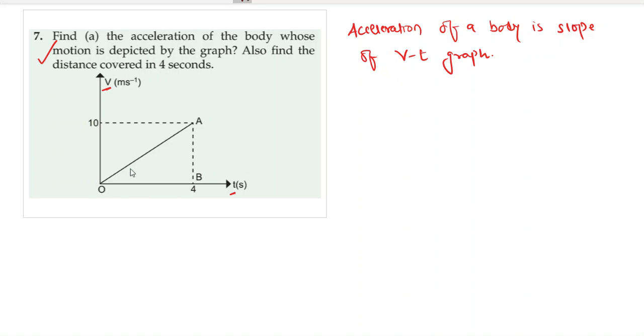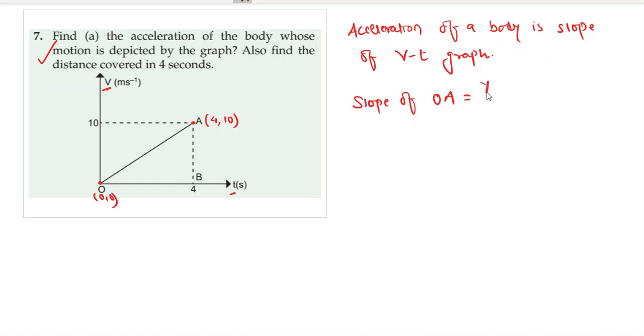Now, for finding slope of this line OA, we have to consider 2 points. Let's consider one point A and the other point O. What are the coordinates of point A? The x coordinate is 4 and the y coordinate is 10. What are the coordinates of point O? 0, 0.